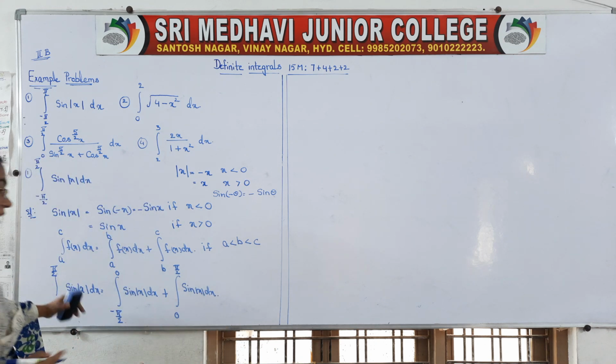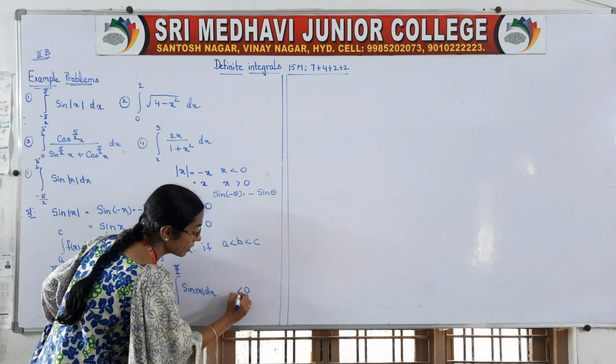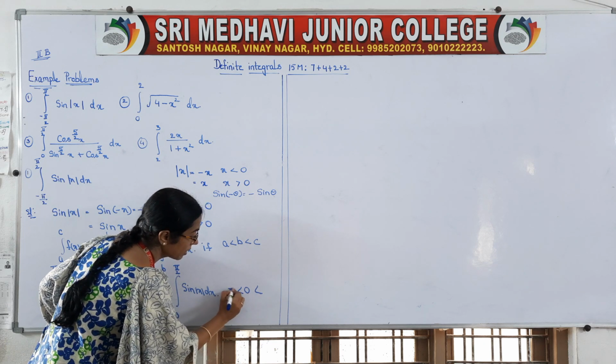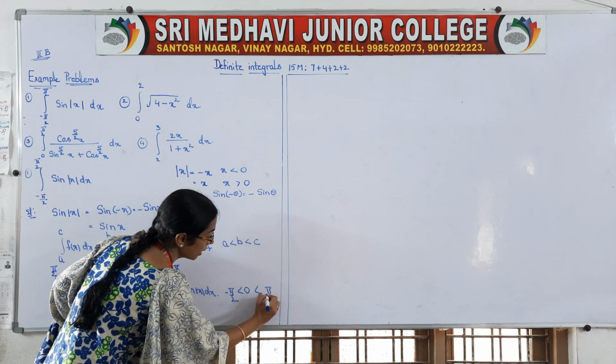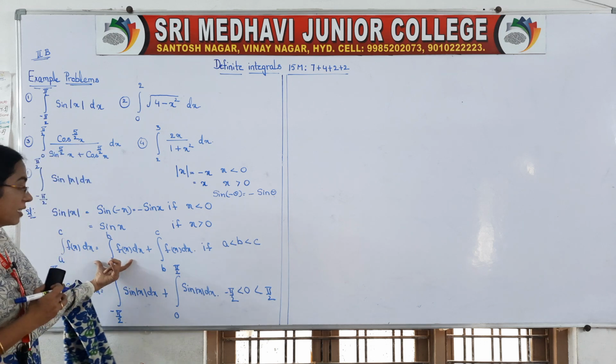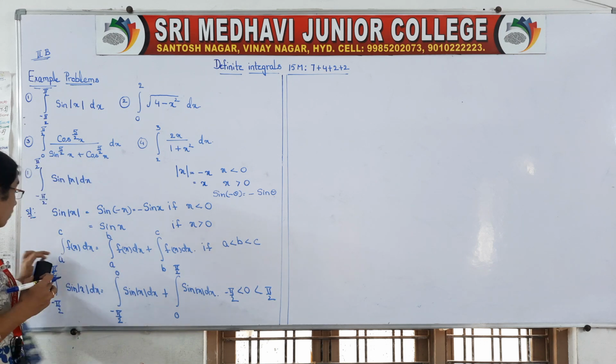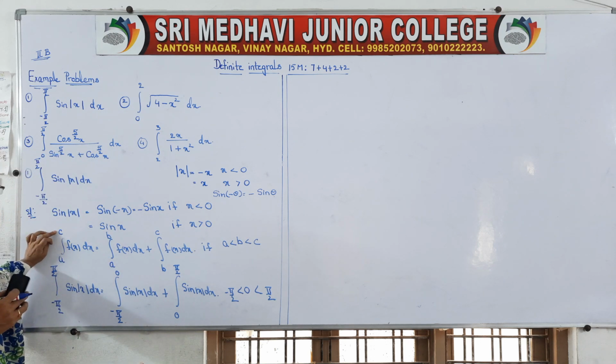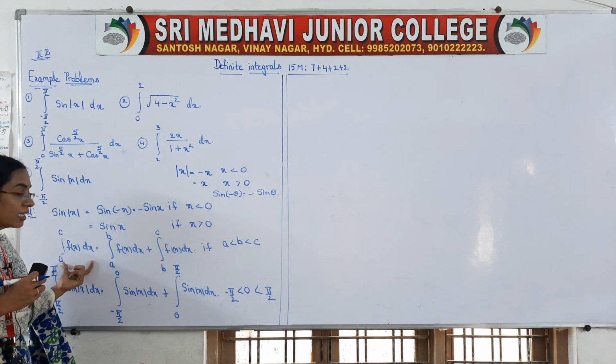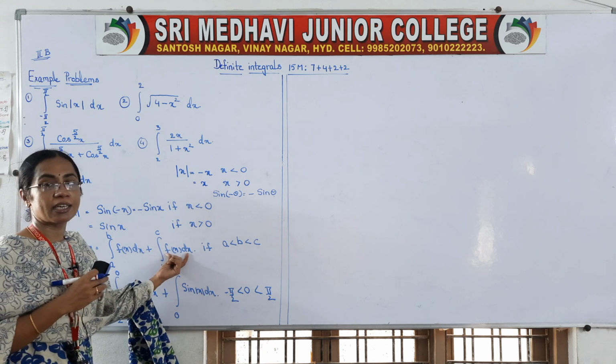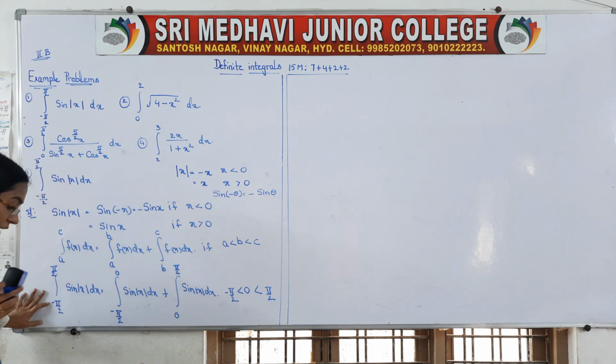Where your 0 lies in between minus pi by 2 and pi by 2, we applied this formula, right? So whenever a to c is there and b is in between a and c, we can split this integral into two integral forms.